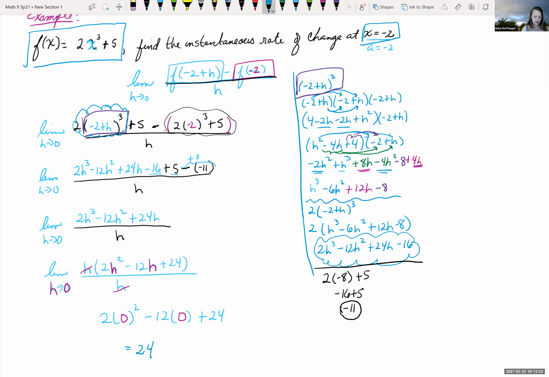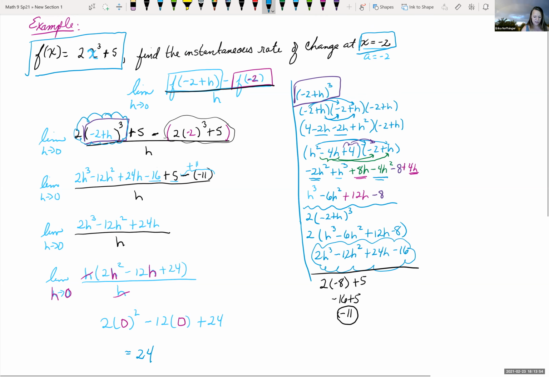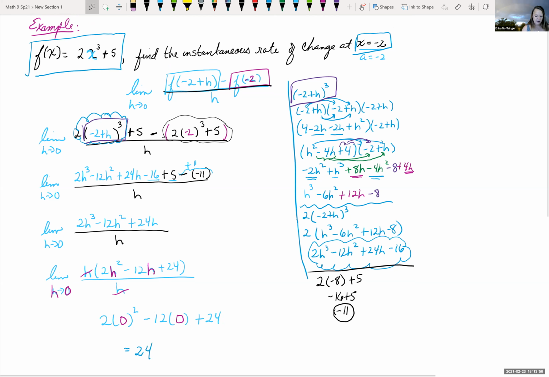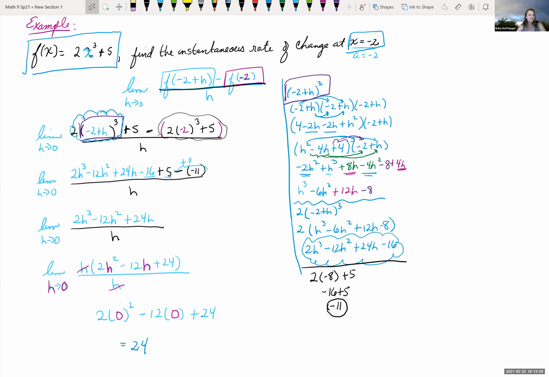So would anyone explain what's going on at x equals negative 2 on the graph of that function, with what our answer is telling us? So we were looking at the instantaneous rate of change. We have a cubic function. Remember the rate of change is like the slope, what was happening on the graph, the slope at that x equals negative 2.